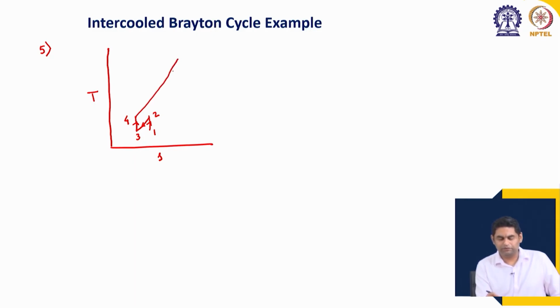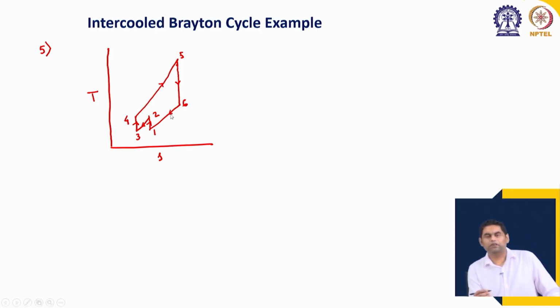If it is not familiar, please pause and go back to the previous lectures and try to get a good understanding of this process. So, this is 5 after the combustion process, and expansion in the turbine leads the air to state 6, and 6 to 1 is a hypothetical heat removal process for closing out the cycle.